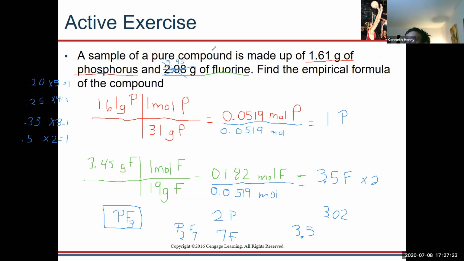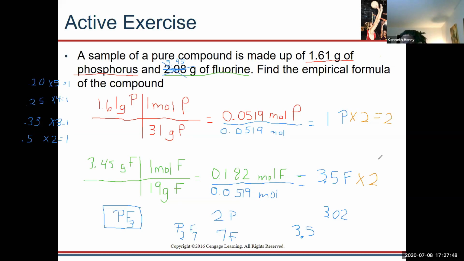So we multiply this guy by 2. I'm going to do that in a different color too. And if I multiply this guy by 2, I also do the same thing up to here, right? So then how many phosphorus am I going to have? 1 times 2, 2.